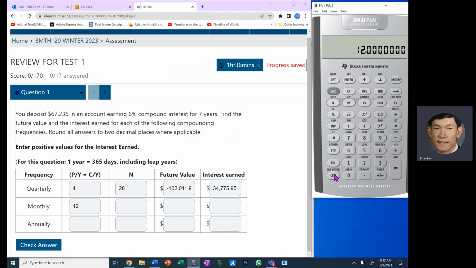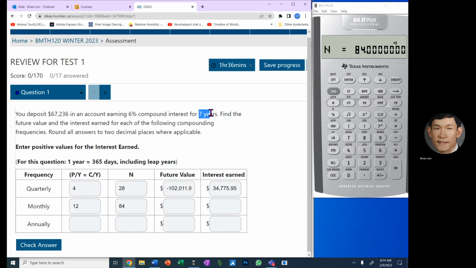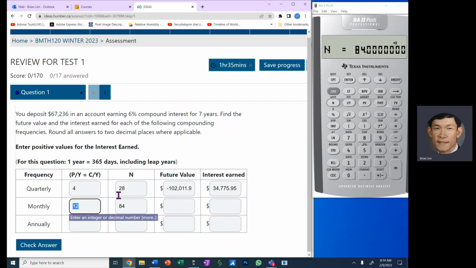Now the number of years is 7. But the PY, CY number has changed. So that is the reason why N would also change, and N becomes 84, which is 7 years times this 12, and that's giving us this 84 there.